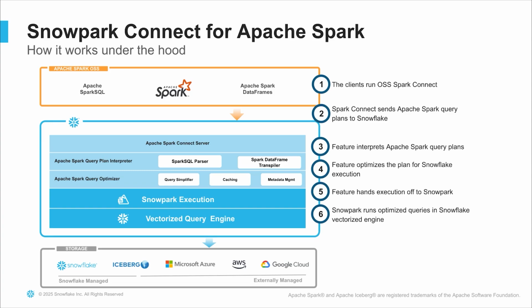After that, we hand off execution to Snowpark, and Snowpark runs these queries on the Snowflake vectorized engine. Now, you'll notice that once Snowflake gets the query plan, Spark is no longer in the picture. We're not actually running a Spark engine, and that's one of the superpowers that we get from Spark Connect, is that we just have to implement the protocol, and we can implement it as optimized as possible.